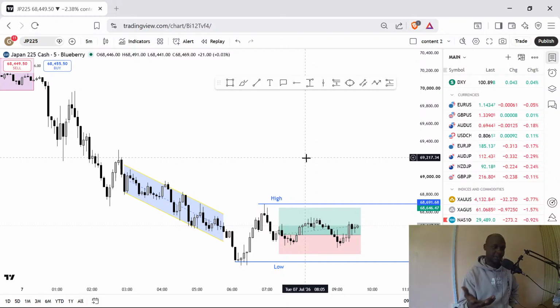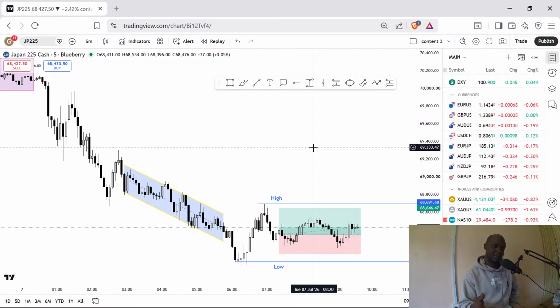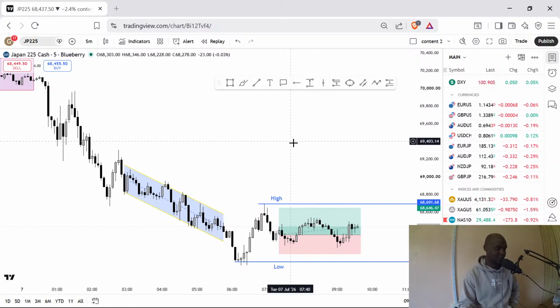Now, maybe if you're trading futures, with futures the entry is really precise, so maybe you could trade the 1 minute on the futures, but with CFDs it's really difficult to get the right execution on the 1 minute.